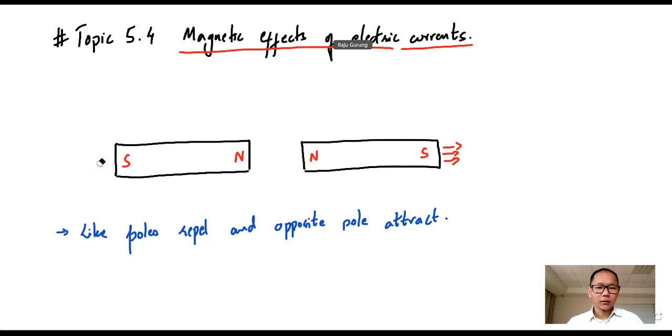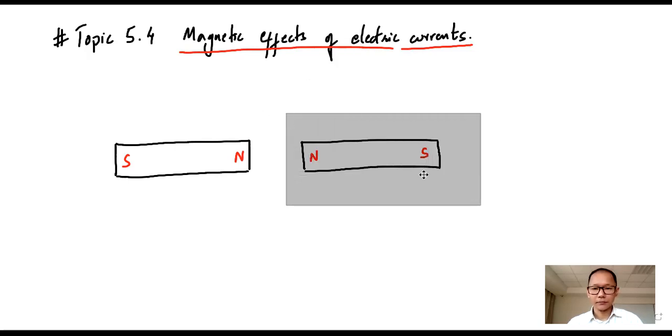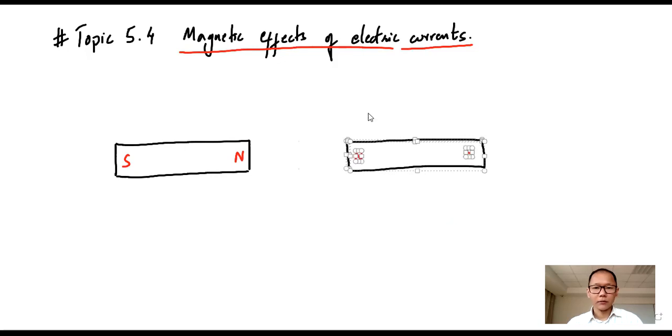Let's say I want to draw the field lines of a magnet that looks like this. Let me just move this a little far away.